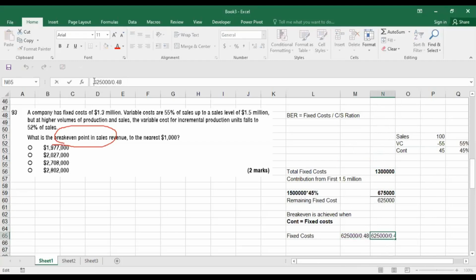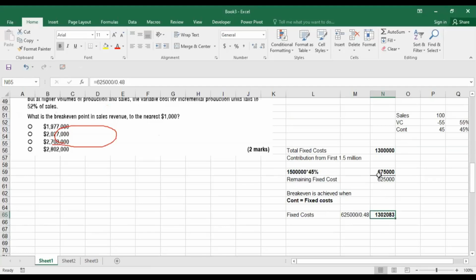So this is the sales revenue further, 1,302,083. You need two sales revenues: 1.5 million on the first one, and the remaining fixed cost 625 you will recover from 1.3 million of sales.